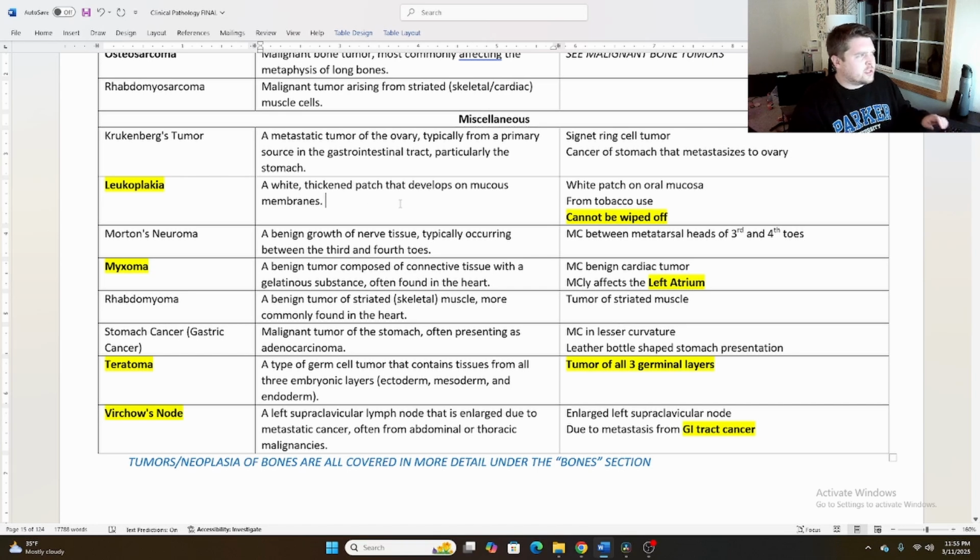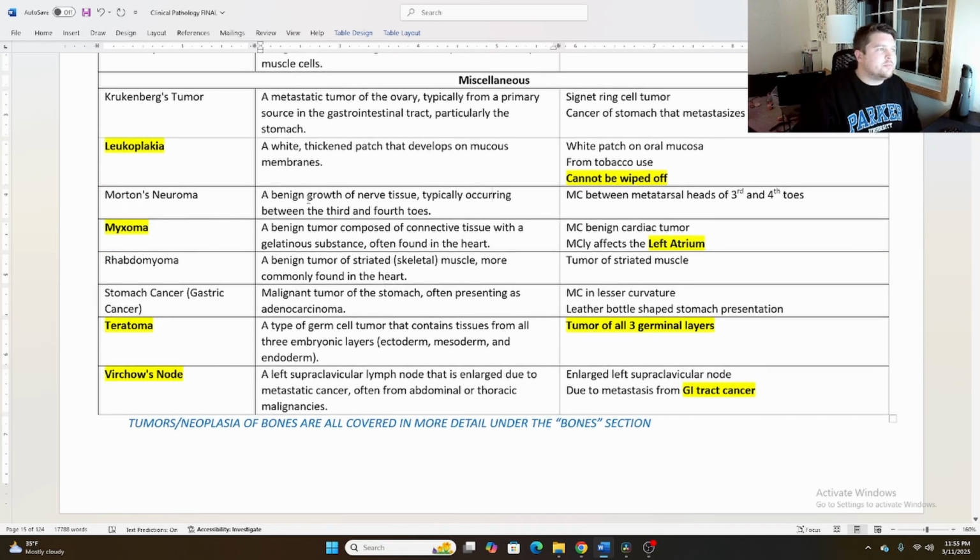I don't recall if it's specific on part 1. If it is, we will see it later. But it sounds similar to leukoplakia. It's also found in the mouth, but that can be wiped off. I don't remember the specific name for it right now, but it's a type of yeast infection in the mouth. But leukoplakia is cancer. You cannot scrape it or wipe it off.